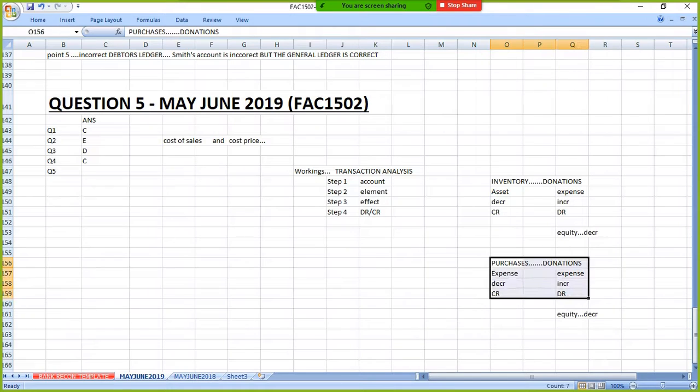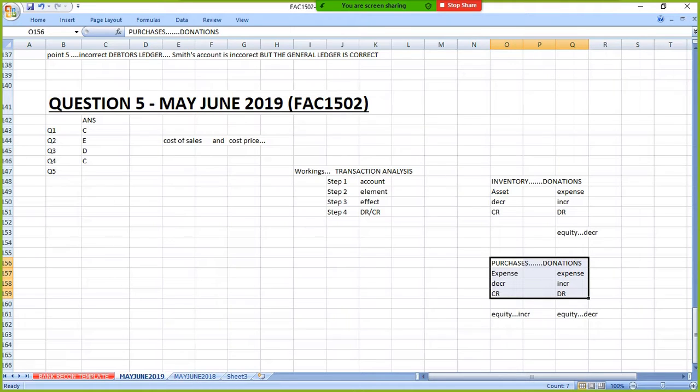Okay, so choose an option. If expenses decrease, what will happen to equity? It will increase. There we go. Equity decreases and increases because you've got two expenses being affected here.